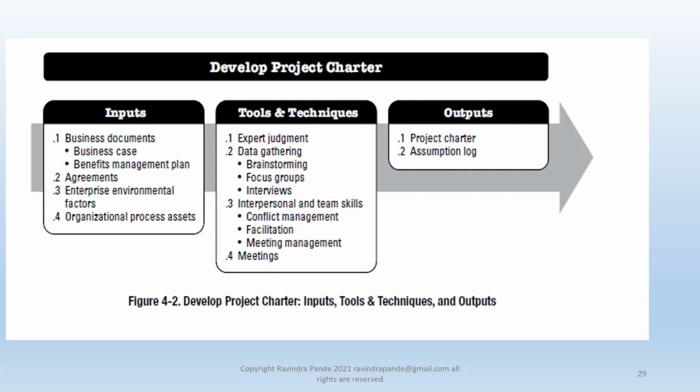Then in tools and techniques we look at expert judgment, how SMEs, COEs, and various domain experts help us with project management duties and responsibilities, in the adoption of best practices and the best alternatives which we have done earlier. And then we do data gathering in terms of brainstorming and focus group interviews. We try to validate whatever business analysts have confirmed.